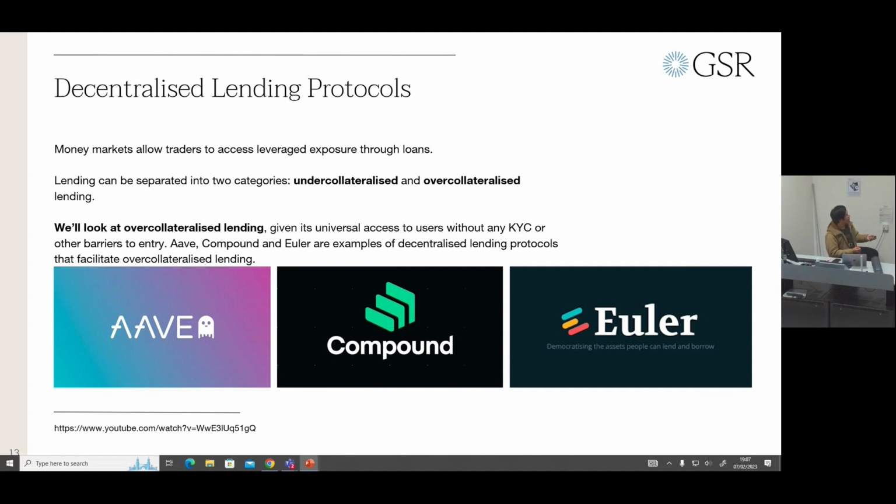When it comes to over-collateralized lending, that's a bit more protected, luckily. Let's say you're the bank: you give out this $25,000, but you hold some collateral from the user that's worth more than $25,000.